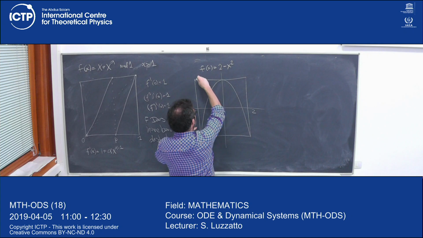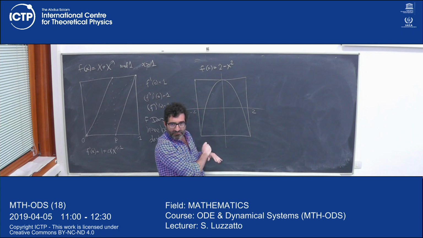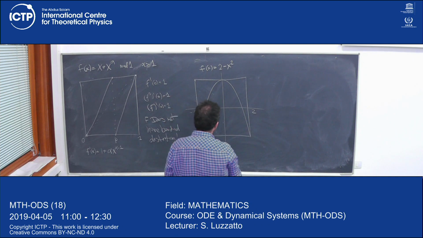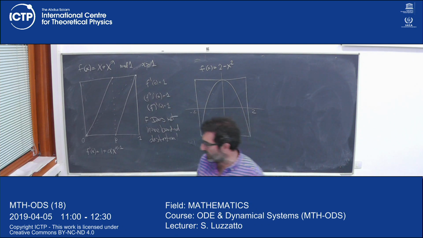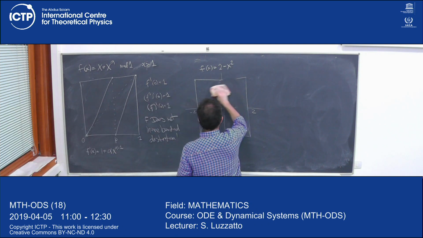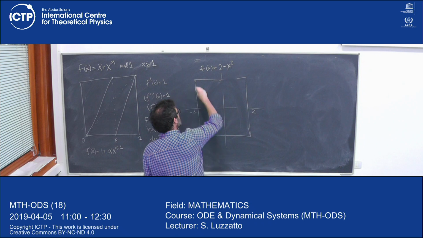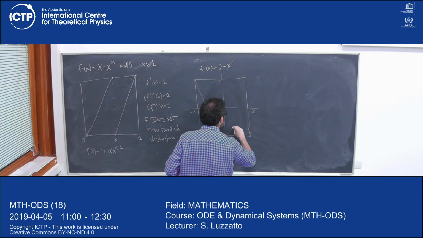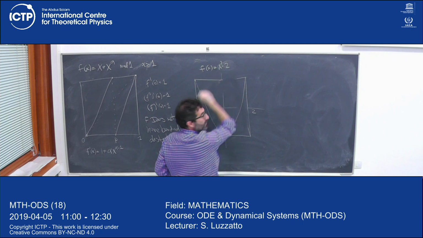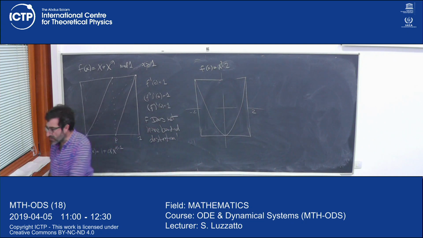Maybe I wrote it as x squared minus 2, in a slightly different way. Anyway, it's exactly the same map.